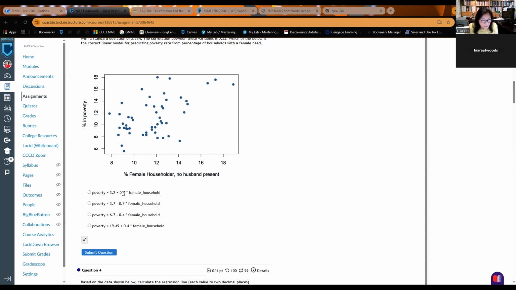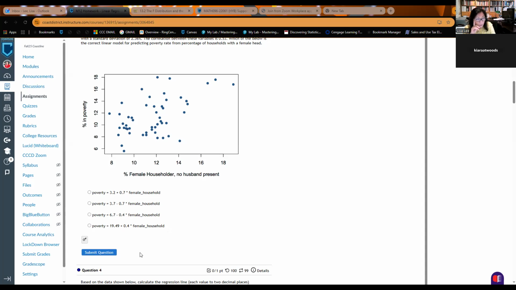Only the first equation and the last one. The first one has positive 0.7 times female household, 0.7 is positive. And the bottom one, positive 0.4 times the female household. So 0.4 positive, 0.7 positive. Only the first one and the fourth one could be the answer.